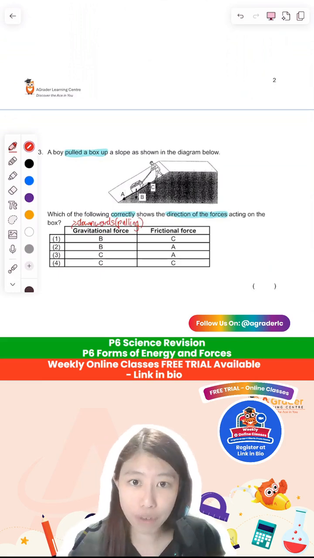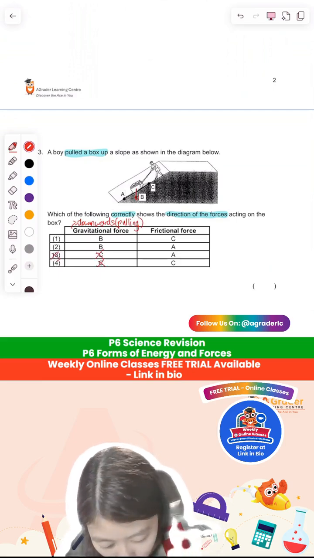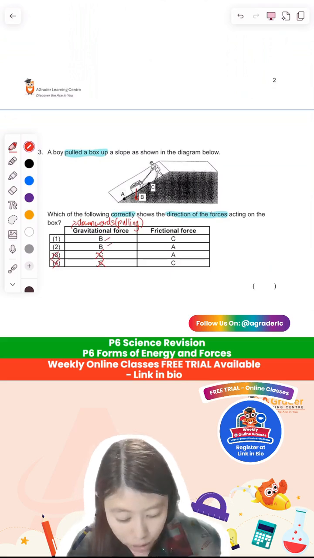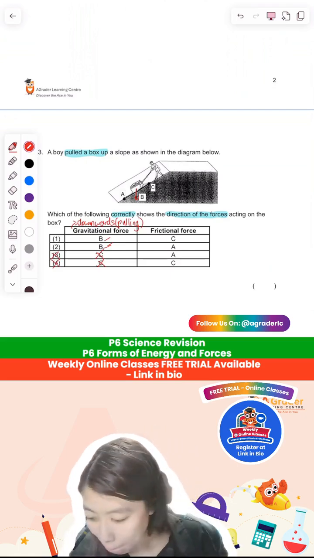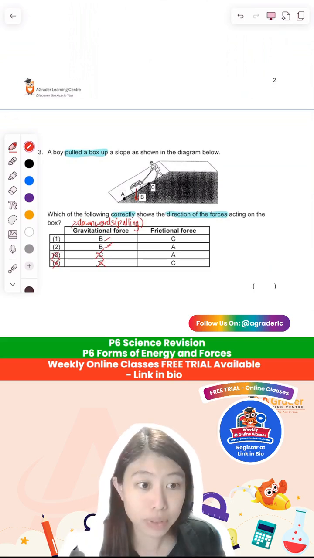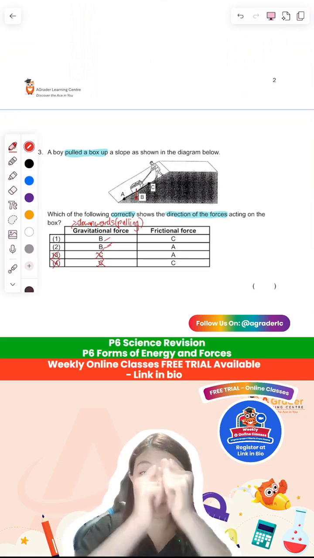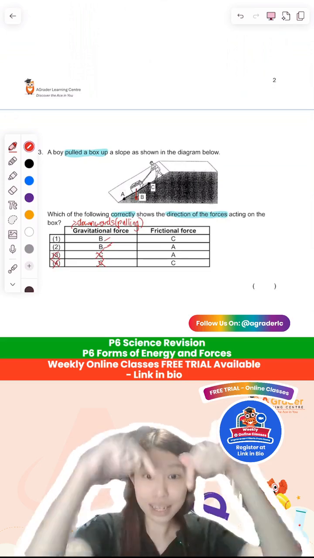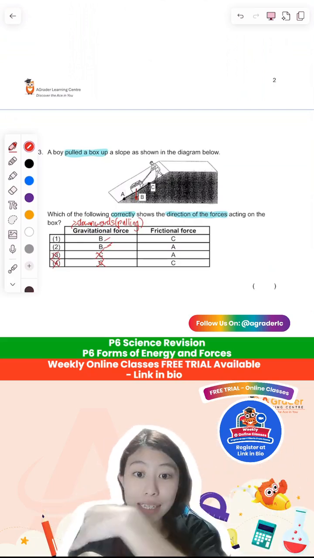So gravitational force should be B, downwards, never C. All right, so 3 and 4 are already out. So what about frictional force? Always remember gravitational force is the pulling force downwards, not to the side. Gravitational force will never pull things diagonally.